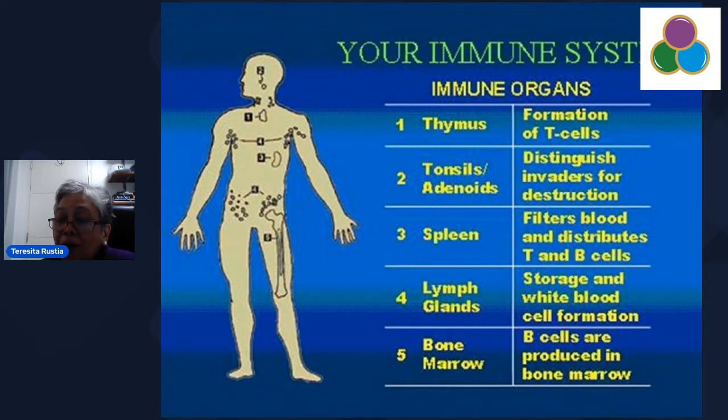The bone marrow is where B cells are produced, and the B cells, like T cells, are marker cells. At the same time, the red bone marrow is also where the red blood cells, white blood cells, platelets, and other antibodies are produced. Okay, next slide, please.